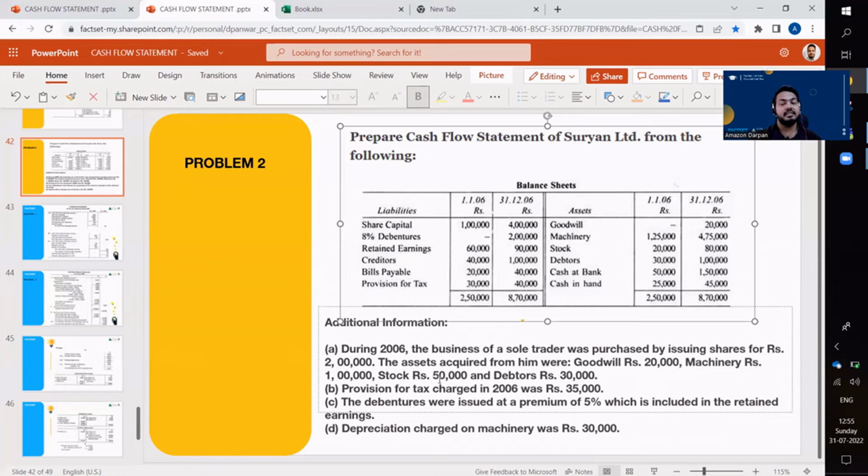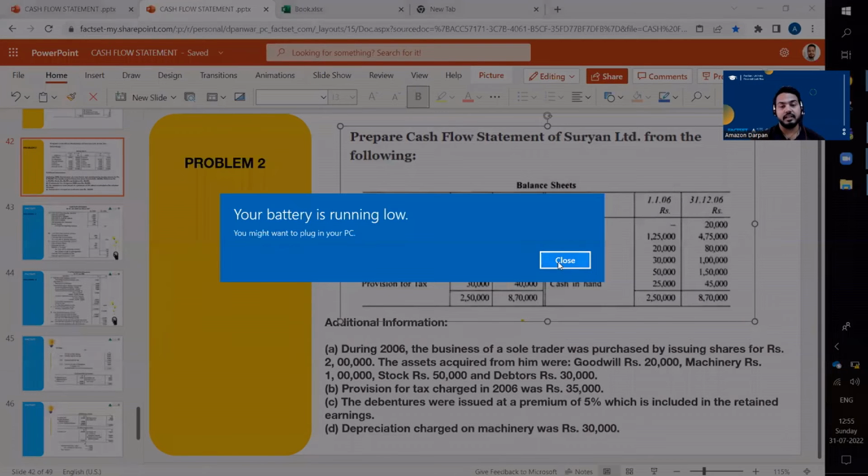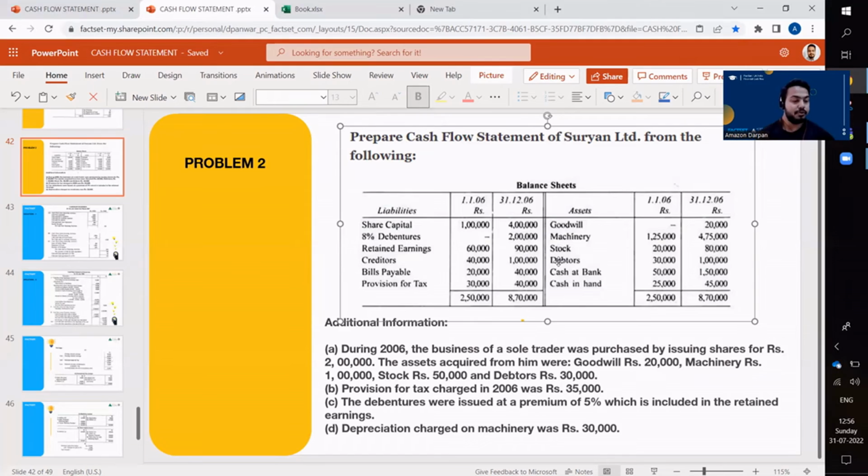But that is not the case. Even if you add 1 lakh, this figure will be 2,25,000, and we still have more amount, around 2,50,000, which makes 4,75,000. Okay, so it would have been a little break for you as well.